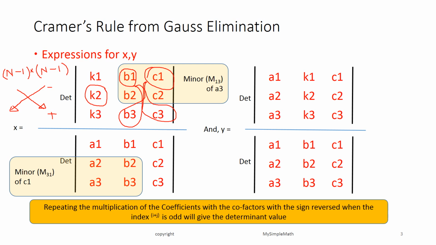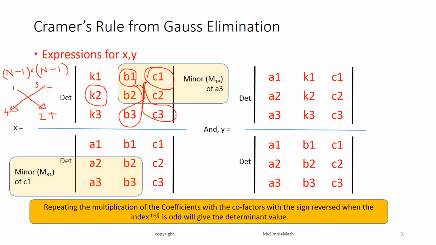So in that case, it would be this value right here multiplied by this value minus this value multiplied by this value. This is just a sign convention that is born out of the algebra that we have done before, so it's no big magic here.